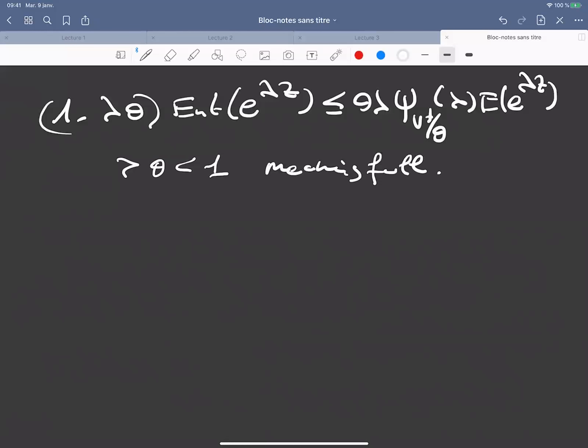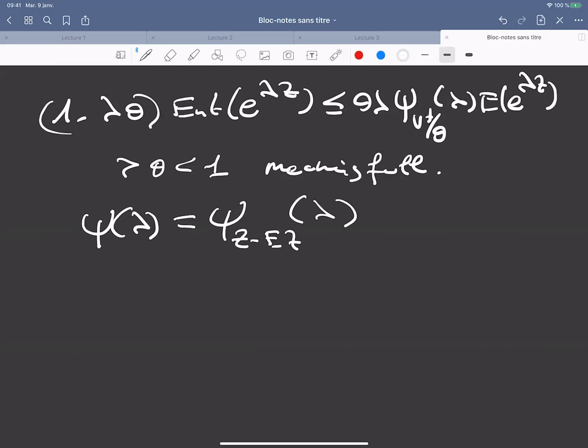And so now the mechanism, we know it because we have learned how to integrate this kind of inequalities, because we have a differential inequality that will appear here, and the same mechanism as in the proof of Herbst's argument, we can apply it again. So let's do it. Let us introduce psi of lambda, which is the log moment generating function of the recentered variable.